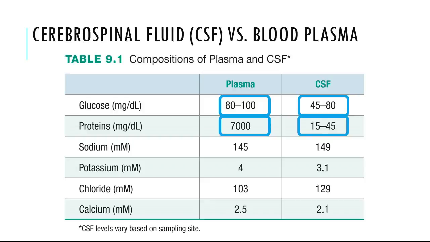Potassium, a little bit reduced, but that should be correlated to what we studied about the astrocytes in chapter 7, where we said they pick up extra potassium, keeping it a little bit low so that the brain cell doesn't get accidentally activated, messing up the membrane potential of our nerve cells. Chloride ion looks a little bit higher, and calcium a little bit lower, but not too far off compared to the blood plasma, and certainly not to the degree of discrepancy like your proteins or your glucose.